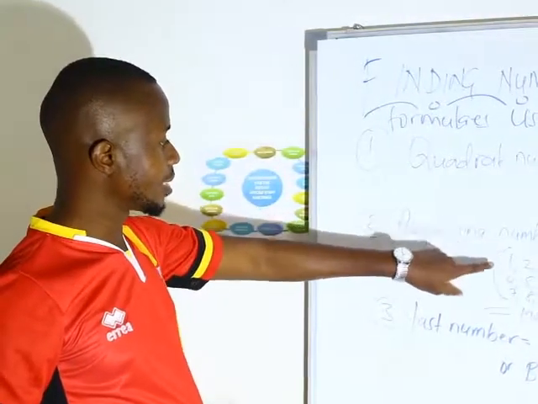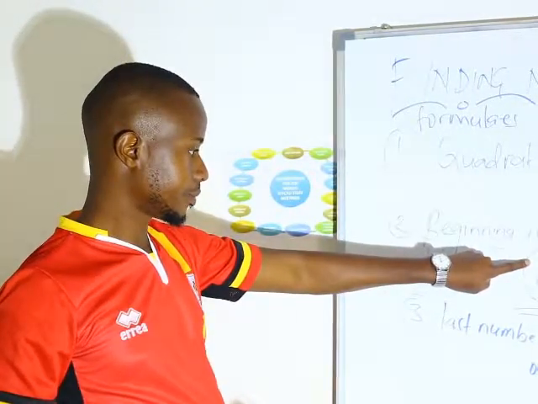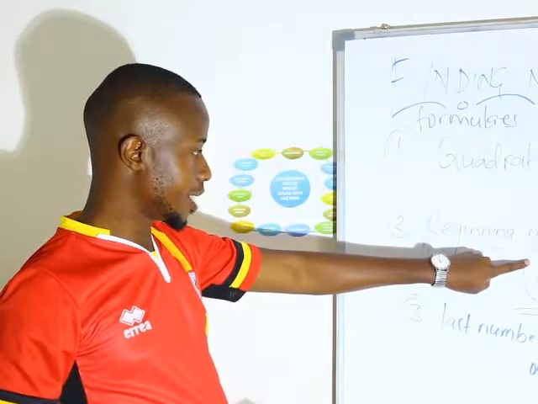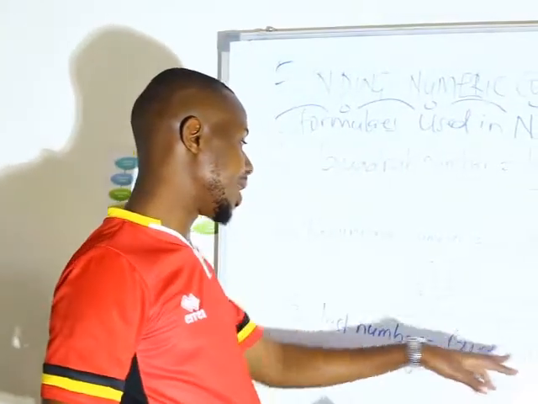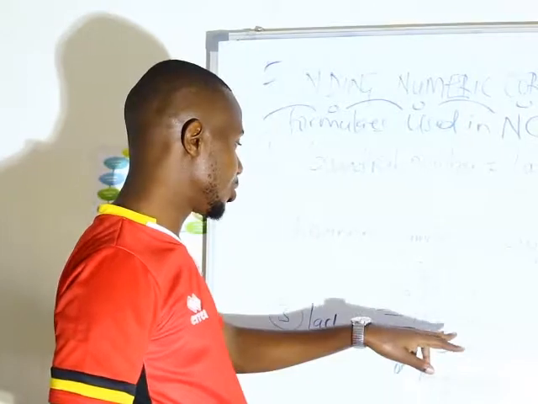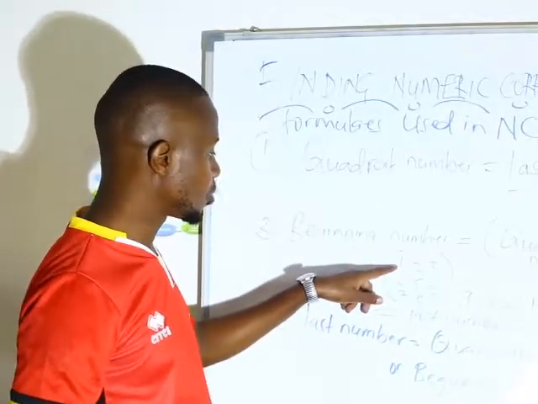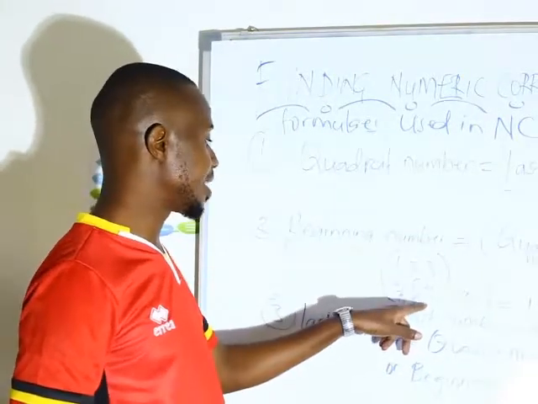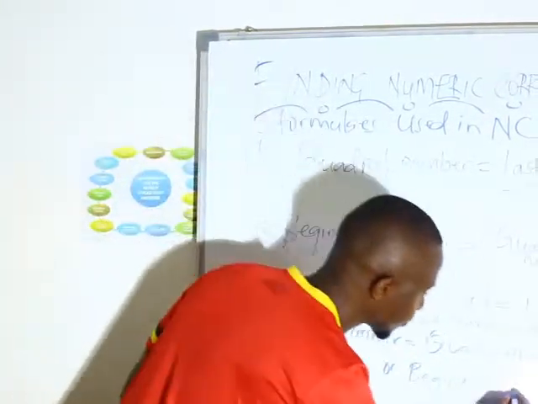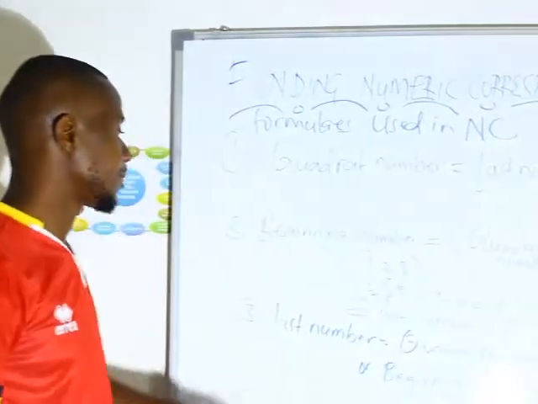So when you get the beginning number in the first quadrant and add it to 8, you will get the last number, which is 9. 1 plus 8 equals 9.